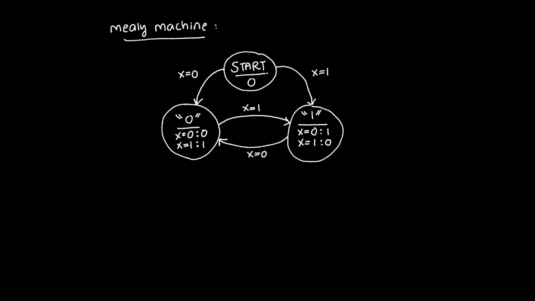That's it. So again, I'm separating out the state and the output. I'm decoupling them in the sense that I have only two states now. The state only tracks what the last bit I received was.